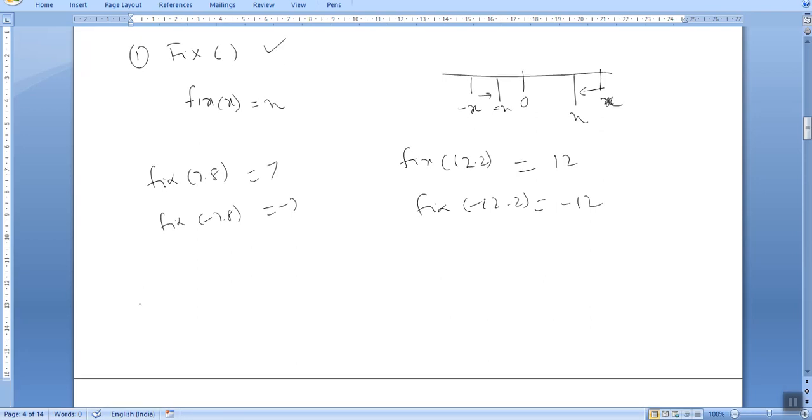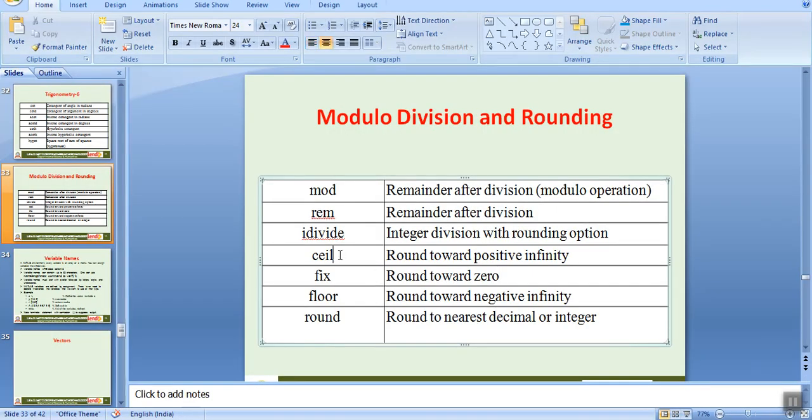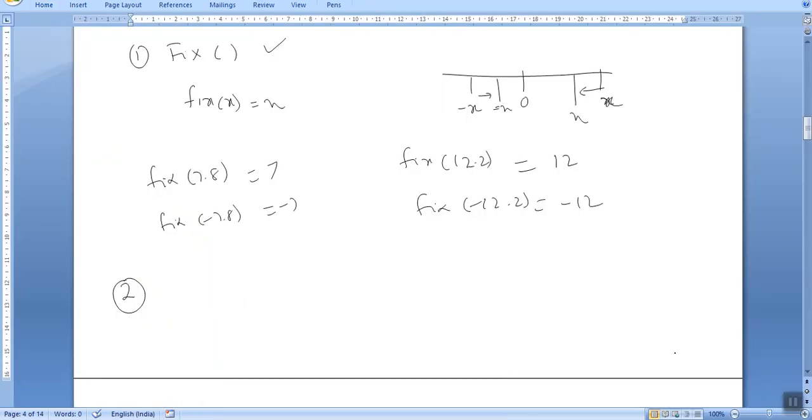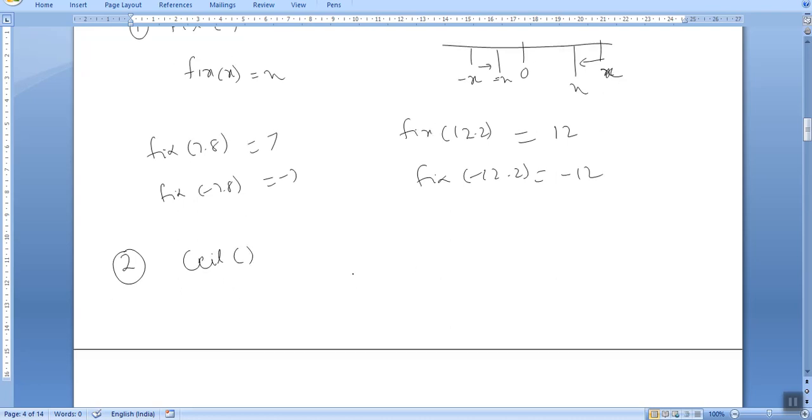In the similar way, the ceiling function. Now observe, ceiling function. Ceil, C-E-I-L, ceiling, round towards positive infinity. Now listen carefully. Suppose it is some number x.